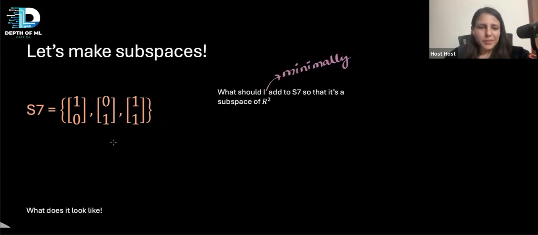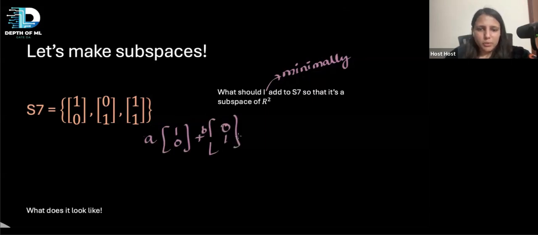Okay, you guys are giving me good answers. So all I need to do is add this 0 and 1, right? If I add this set where A and B belong to R, and I add this, it will cover all the vectors which are there in R2, right?